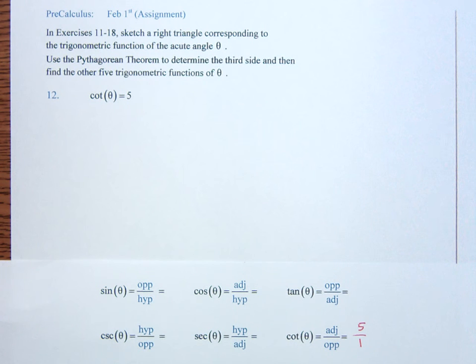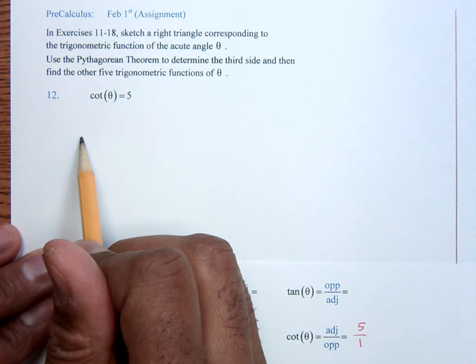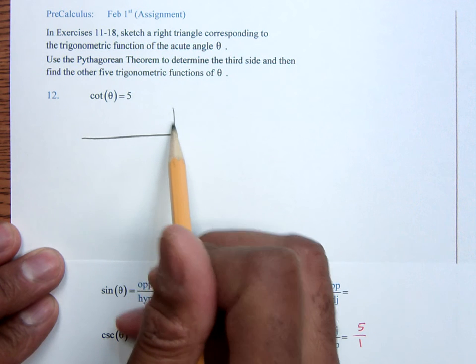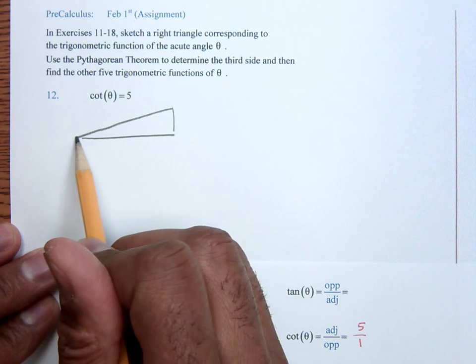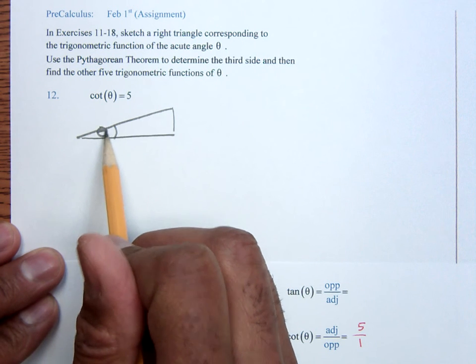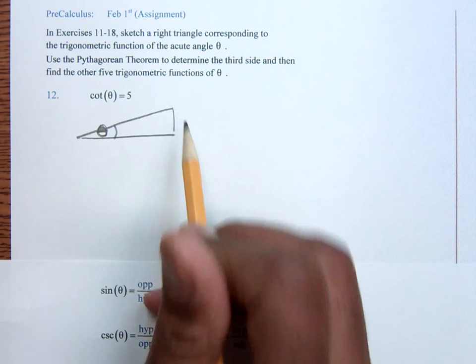So let's go ahead and sketch the right triangle like they asked. Your triangle doesn't have to be perfect. So let's make a right triangle that looks like this. This will be theta right here, angle theta. This side will be the opposite.